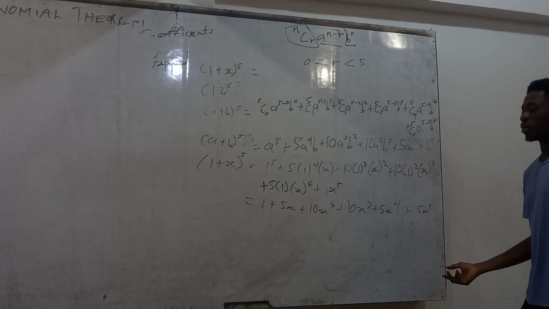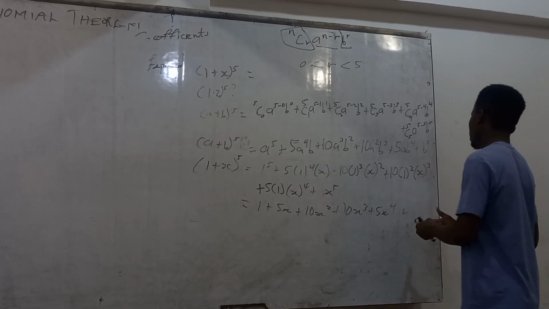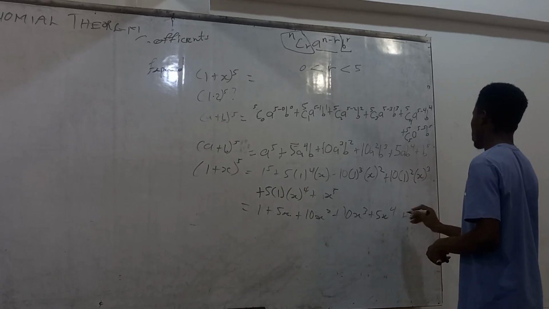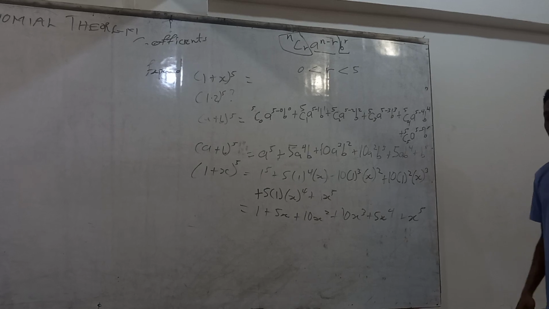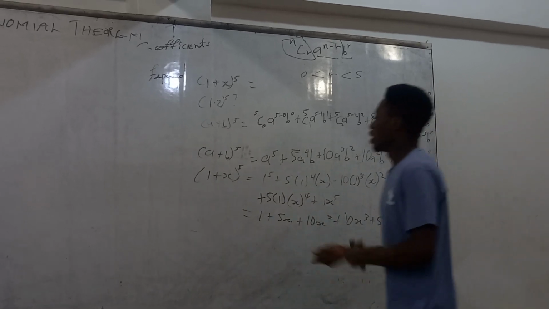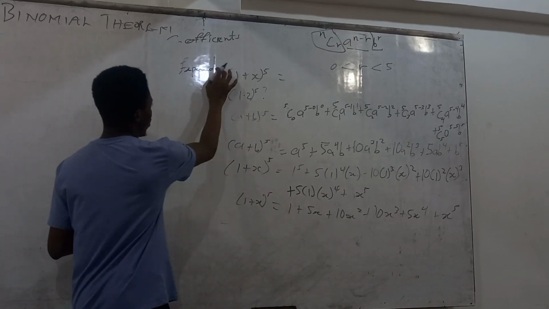Then x to the power 5 is the last thing. So this is the expansion, and we are done with the first part of the question.